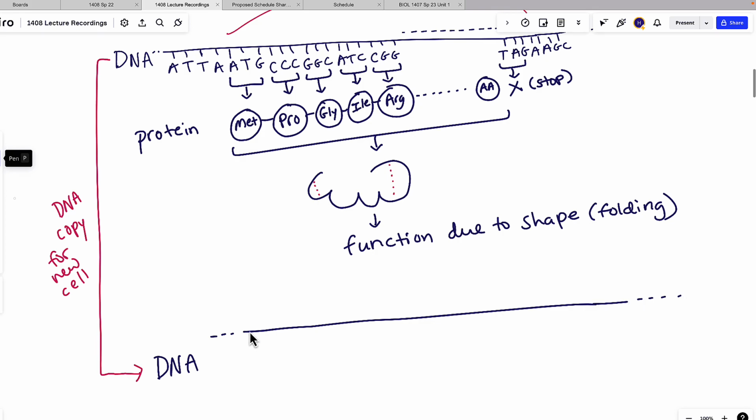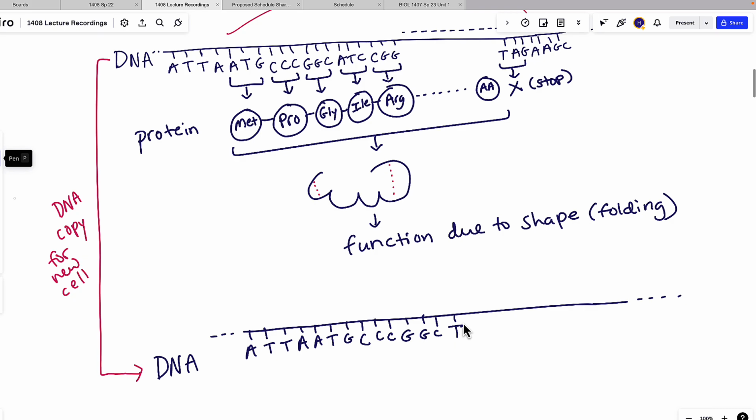So usually when we copy the DNA, it should be the same. So the machinery that does that, which we'll learn about in another unit, would just do the same sequence when it's copying it. But occasionally, there is a mistake made.